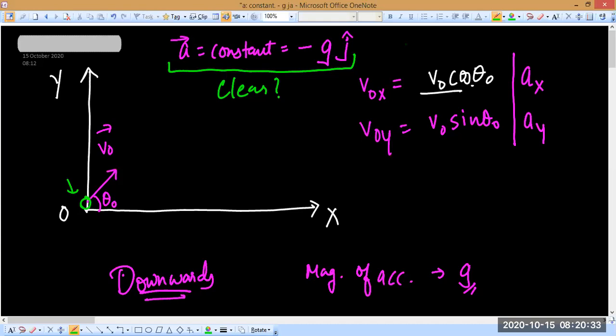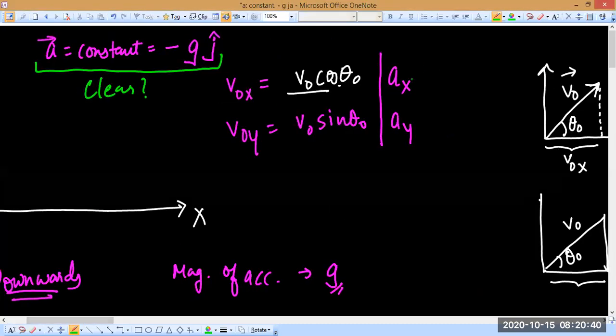Okay, now let's write this. Keep that in mind and tell me both of these values. Come on people, hurry up. Can you tell me both of these values? Hint, compare it with this. I hope you remember that we can always write any vector like this.